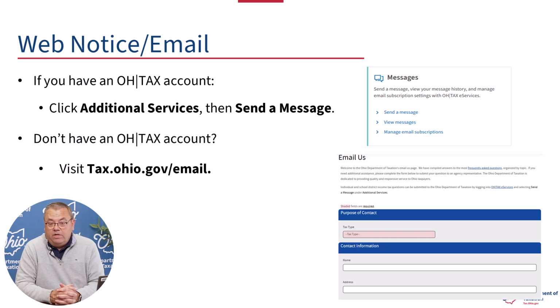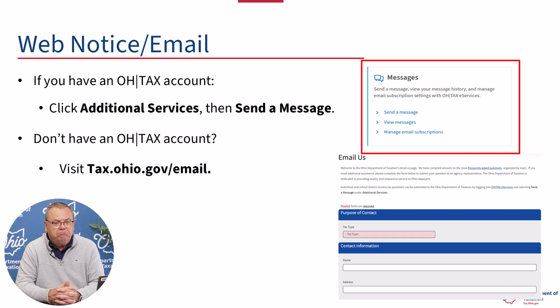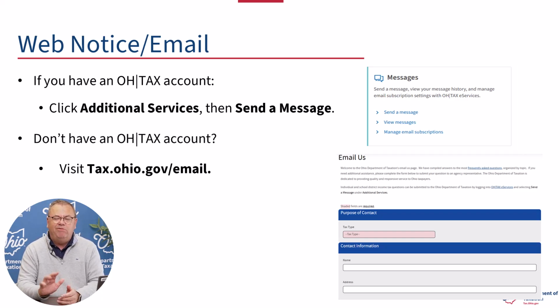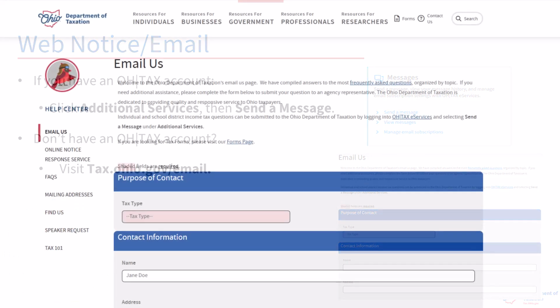You'd like to ask a question or contact us electronically. Super easy. If you have an OH Tax account, log on there, click Additional Services, then click Send a Message. You don't have an OH Tax account? No problem. We can still help you with that.